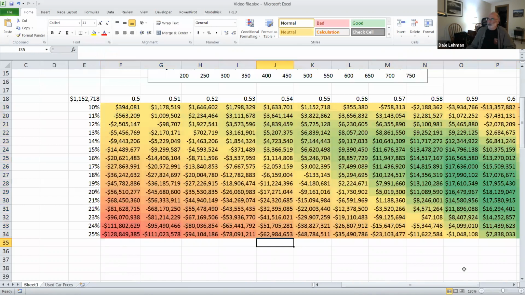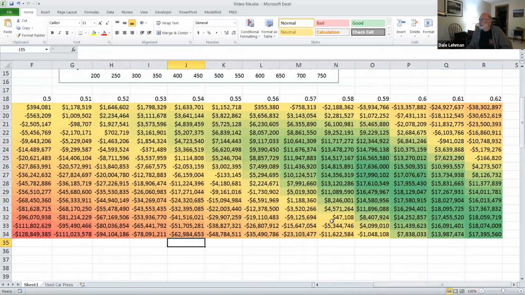And deeper green means making more money. Let's see, I don't see anything higher. That looks like the highest, so a little over 18 million.